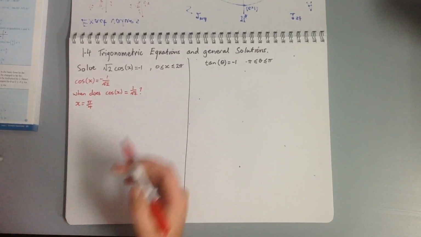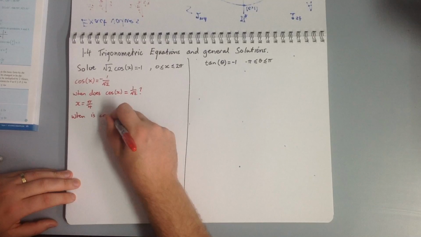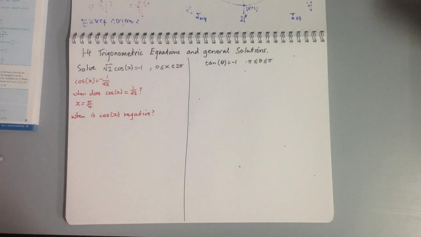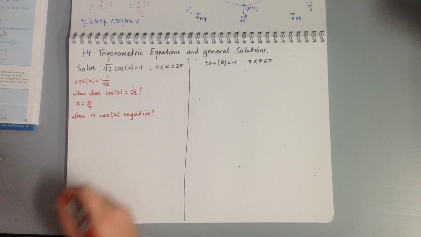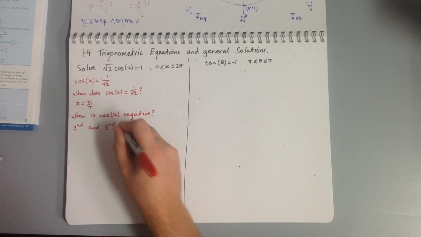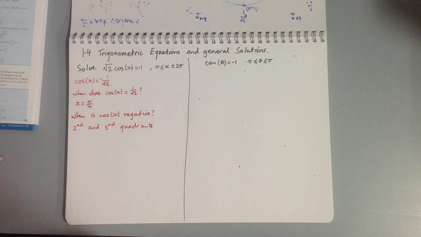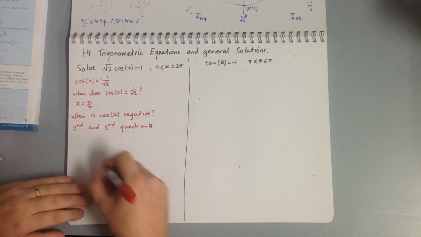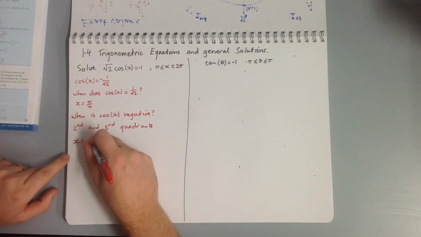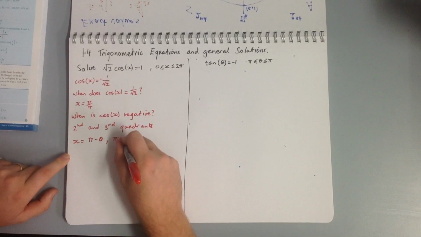Then we ask, when is cos of x negative? Well, it's negative in the second and third quadrants. Therefore x equals pi minus theta and pi plus theta.